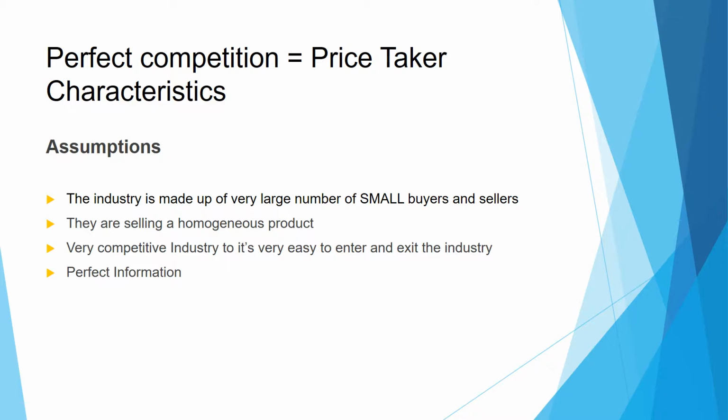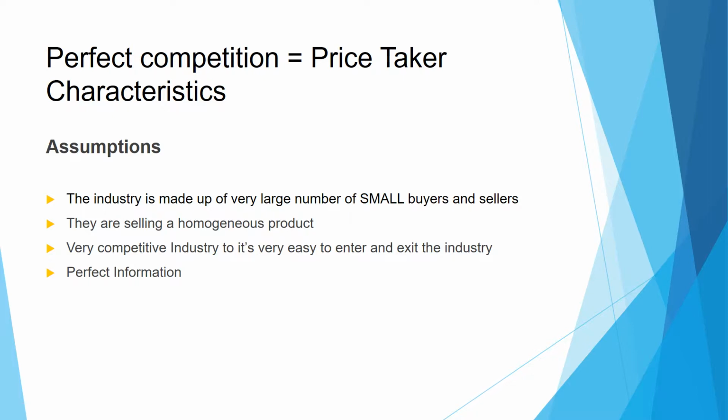That's an assumption again. And the fourth assumption is that perfect information is available not just to the sellers, but also to the buyers. So if I'm selling milk and my competitor over there is also selling milk and he drops his price to attract more customers, I'm going to know that right away because I have access to perfect information. And the same goes for the consumers.